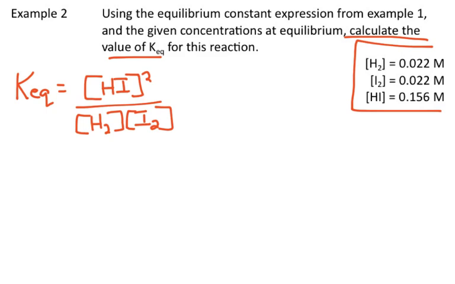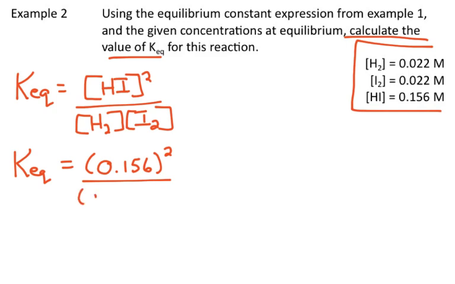And we substitute in the values that we've been given. So concentration of HI was 0.156 molar. That's 0.156 squared. H2 and I2 were both 0.022 molar. We go and we do the math. If we want the foolproof method, we can do it in 2 steps. So we do 0.156 squared.